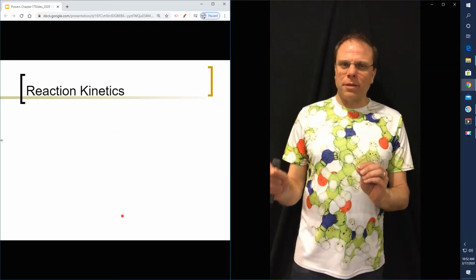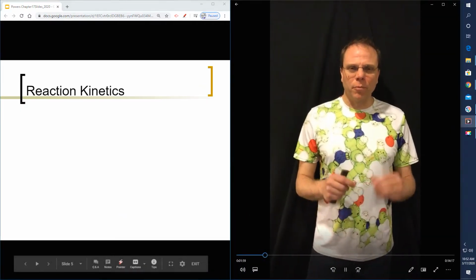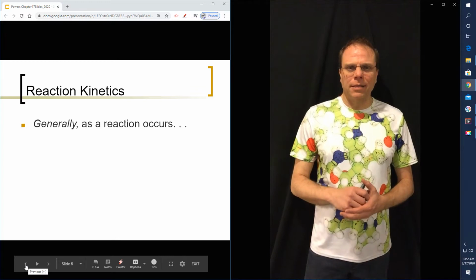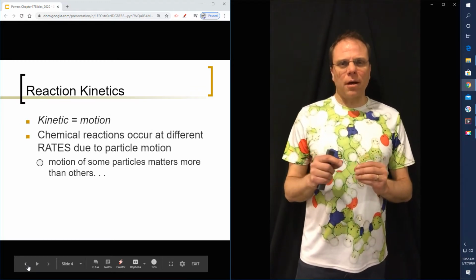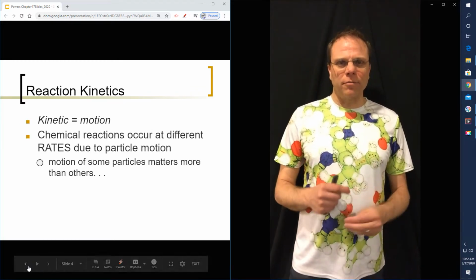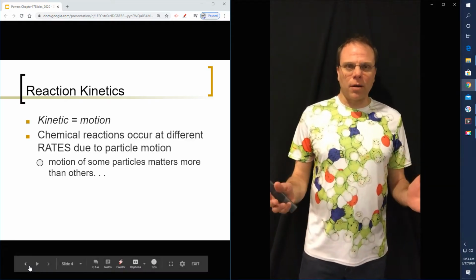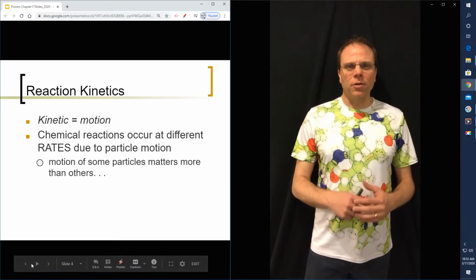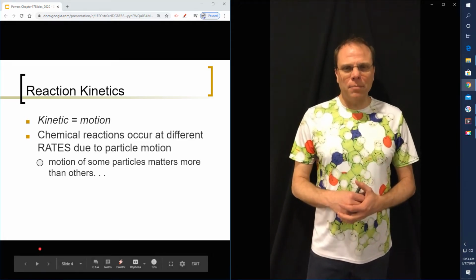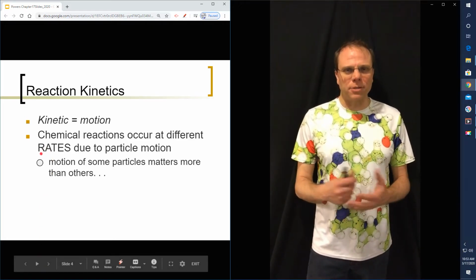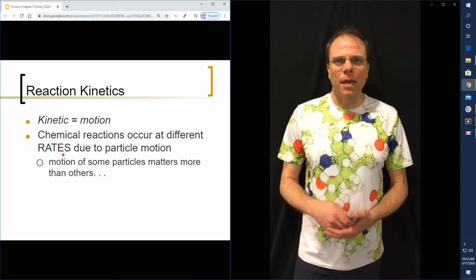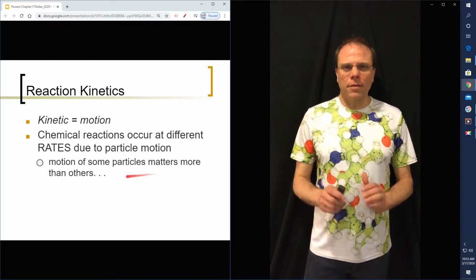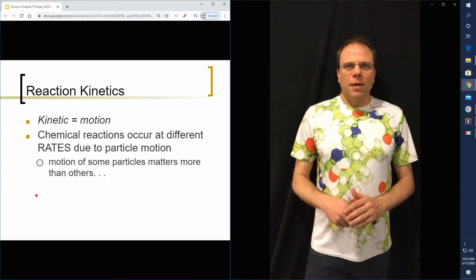You've got to remember that there's probably going to be different rates that reactions will occur at when the particles are in different rates of motion. If we have more particles, we've learned that we might have a different reaction, and so the rate of the reaction might be affected as well by certain numbers of particles. So some particles matter more than other particles.